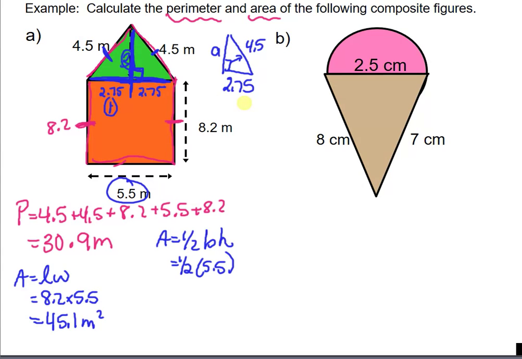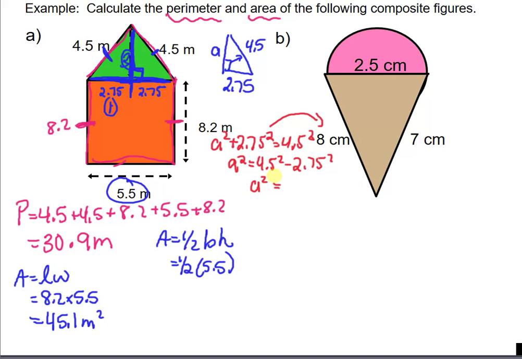Get red. Okay, so let's do a squared plus 2.75 squared equals 4.5 squared. Bring this over. a squared equals 4.5 squared minus 2.75 squared.